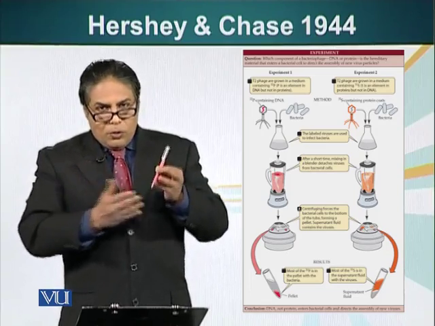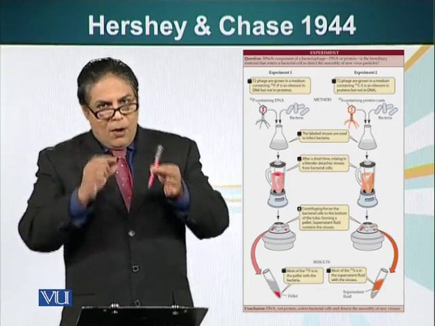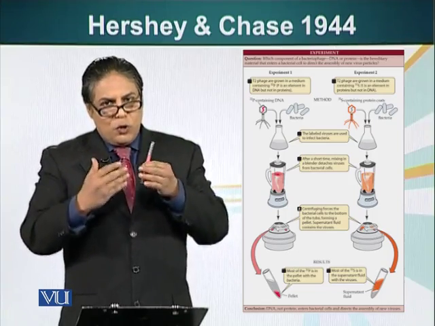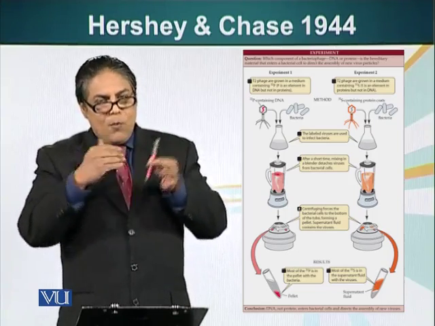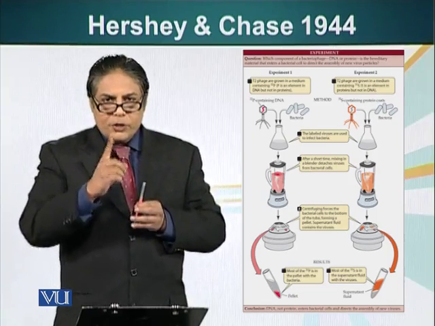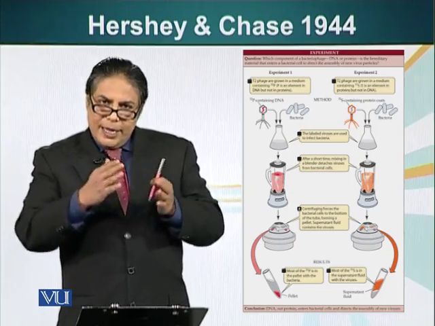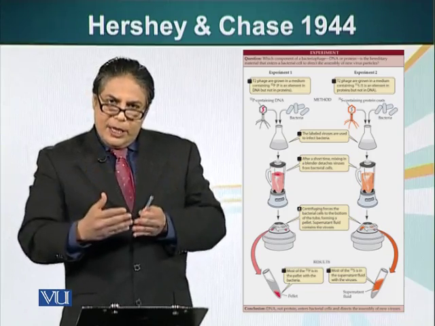It turned out, of course, that the sample that contained viruses with the heavier isotope of phosphorus had a radioactive pellet. The scientists did not stop there. They did an additional experiment. They allowed the bacteria to grow.